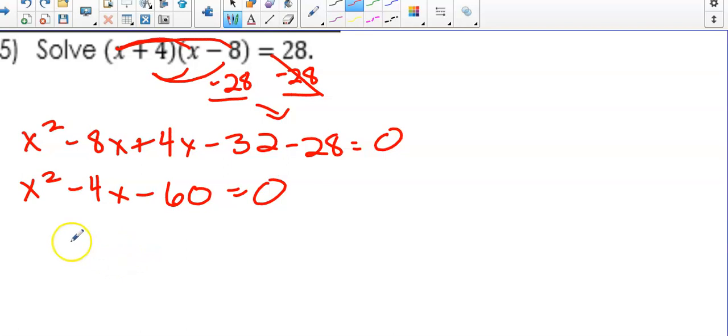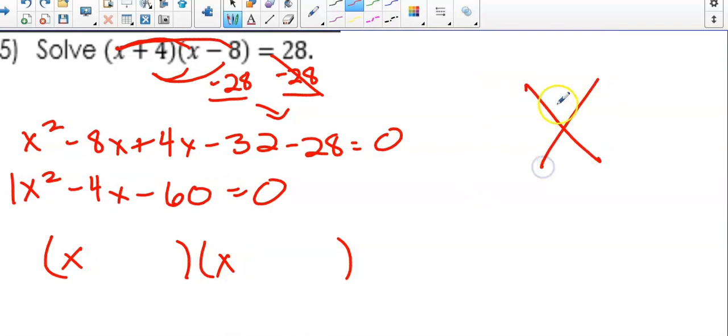Okay, so now we factor. My leading coefficient is 1. So that's going to be one of these where I'm going to take my parentheses. X goes in each one. Okay, I need to think to myself, I'm looking at this negative 60 right here. What two numbers can multiply to give me negative 60 that will add to give me negative 4?